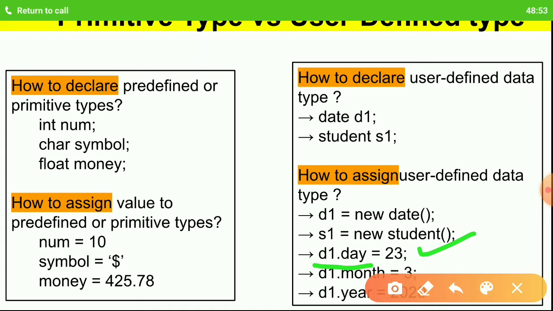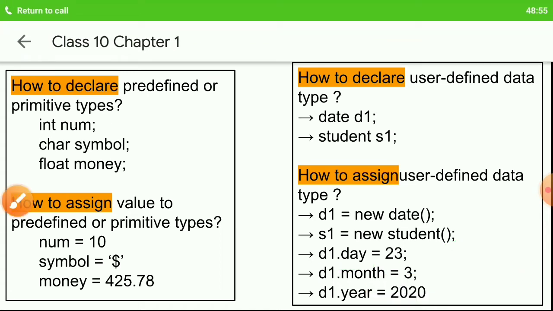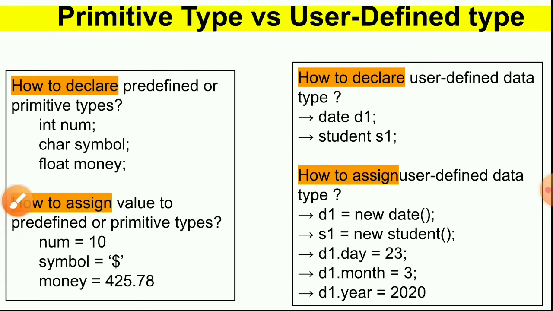Similarly, assign the value of 3 to D1's month and the value of 2020 to D1's year. So you can see that there is a lot of similarity between the primitive types and non-primitive types.